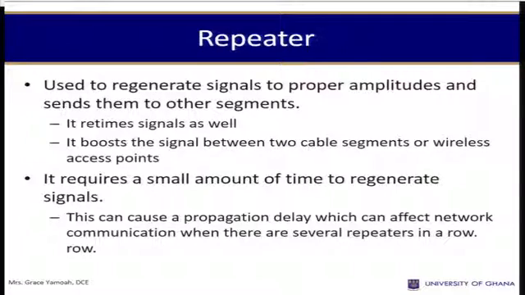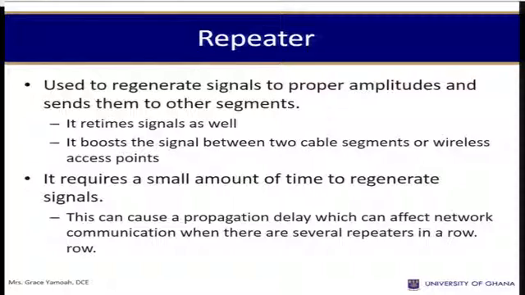We have the repeater, used to regenerate signals to proper amplitudes and send them to other segments. It retimes signals as well. It boosts the signal between two cable segments or wireless access points. It requires a small amount of time to regenerate signals.